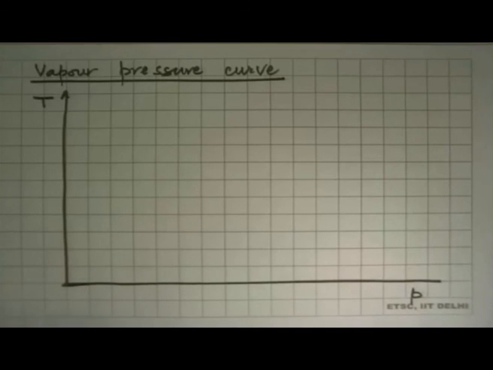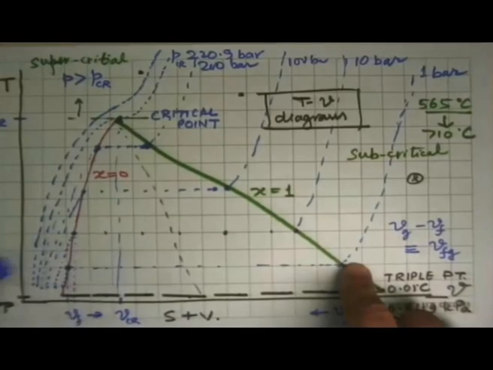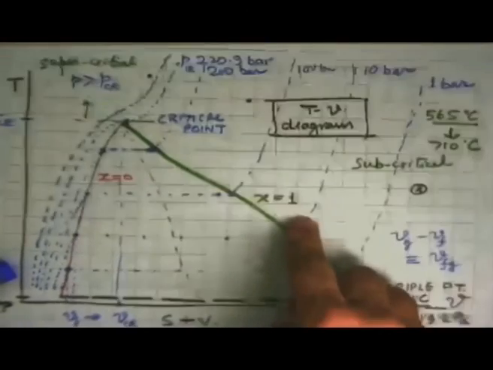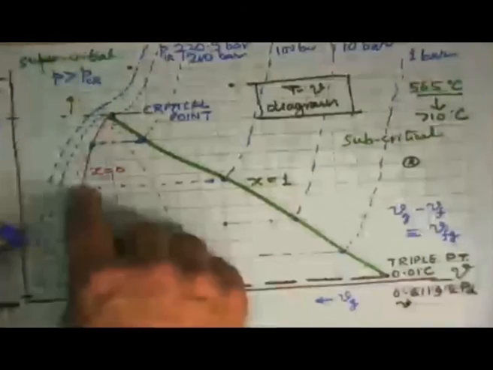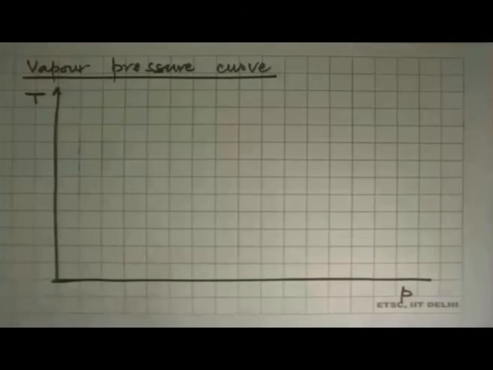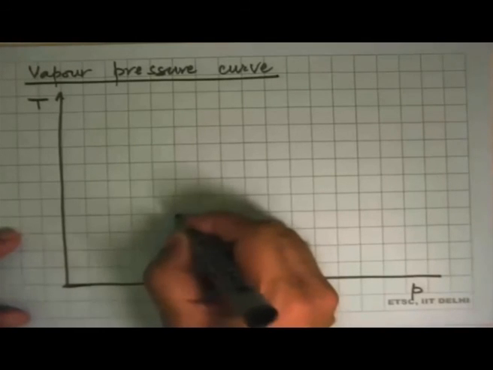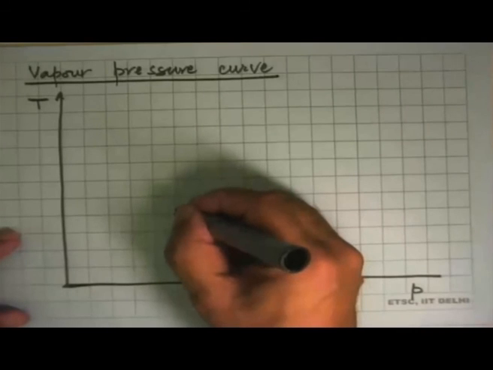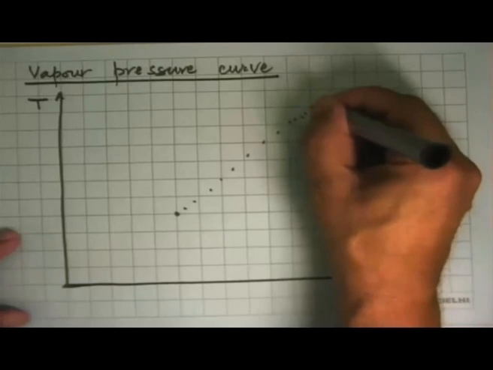This diagram ends up getting one line from these lines. What you see here is that at 1 bar the saturation temperature was this much. At 10 bar the saturation temperature was this much. 100 bar it was this much. So in the saturated state between critical point and triple point, we get a relation. So there is, say, the triple point, and we start plotting all these things and we reach the critical point.